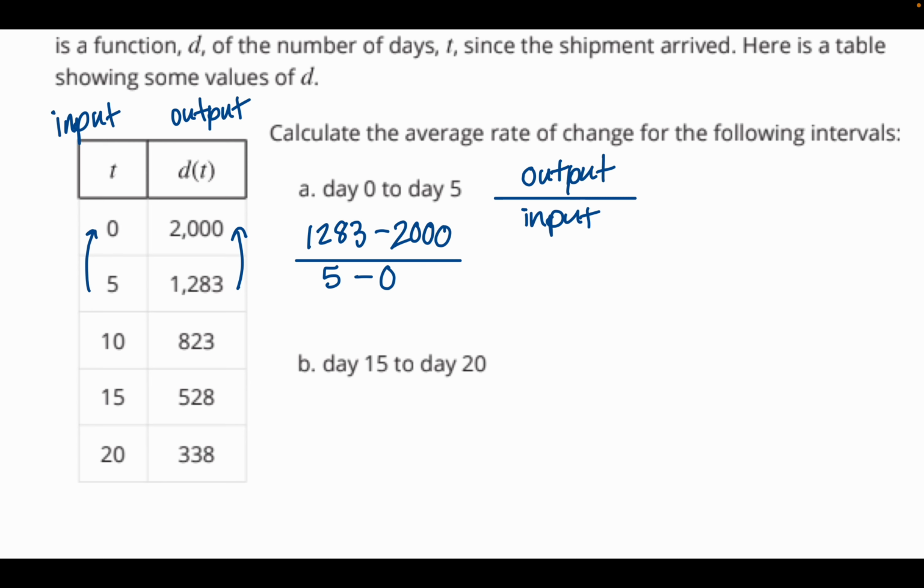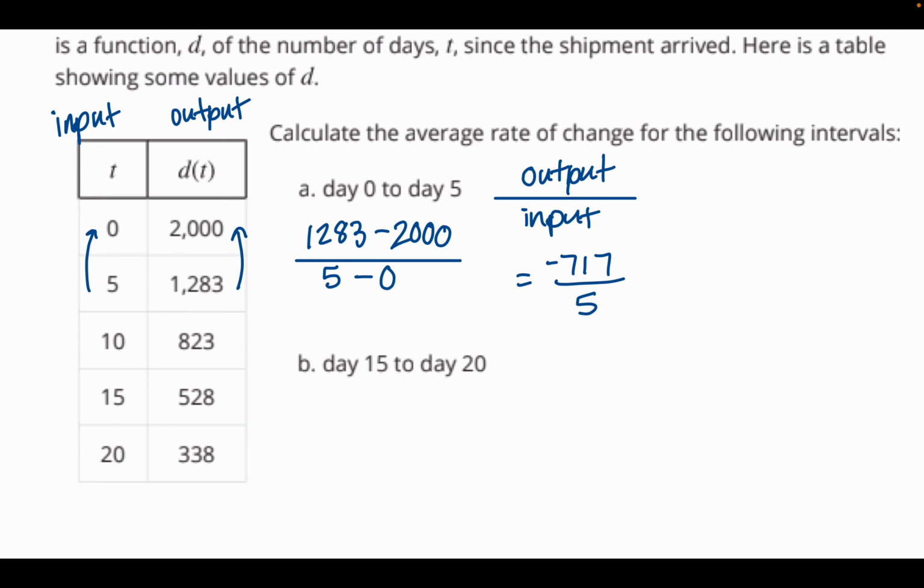But let's actually do the subtraction here. For the 5 minus 0, that part's easy. It's just 5. But we need to do 1,283 minus 2,000, which gives me negative 717. This is the start of our average rate of change, but we're going to try to reduce it as much as possible.